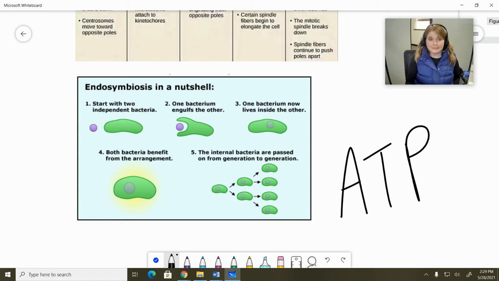It helps to synthesize vitamin K, for example. It helps to break down certain foods that you eat to provide nutrients to you. And so it really helps to keep you healthy. You're providing food to the bacteria by eating it. It's living inside your large intestines, and it's providing you with vitamins and things like that. So it's also providing a benefit to you, and that's called mutualism, right?